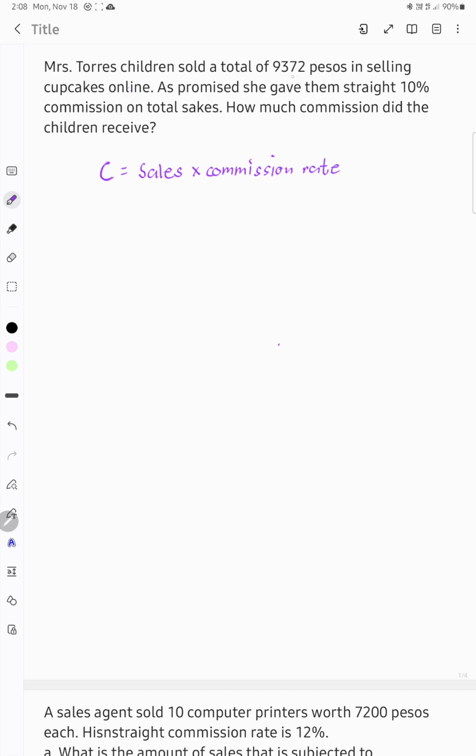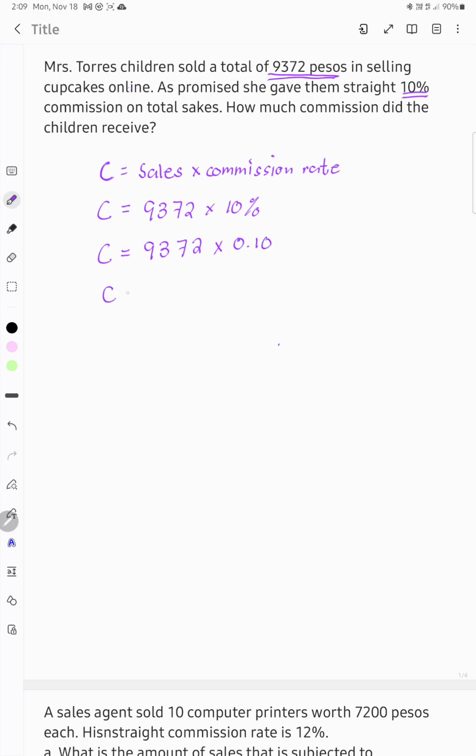We know that the sales is 9,372 and the commission rate is 10%. Solving that, we convert 10% to a decimal, so we have 9,372 times 0.10.